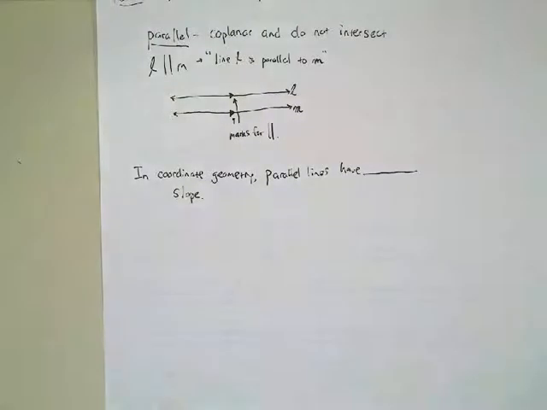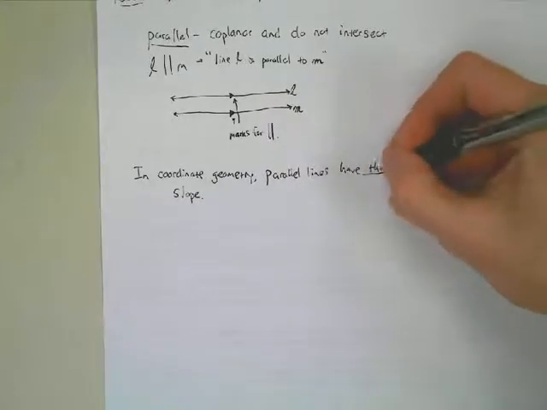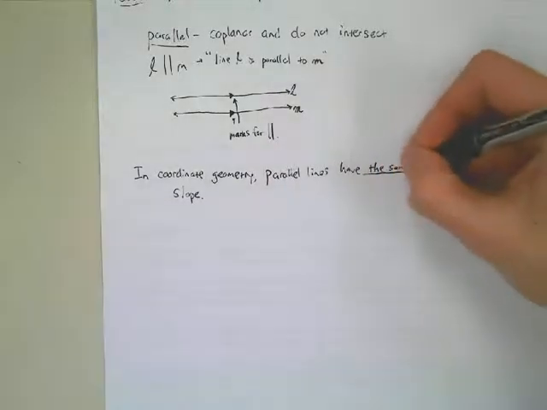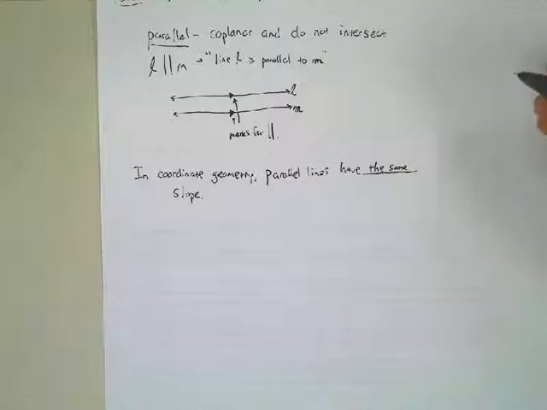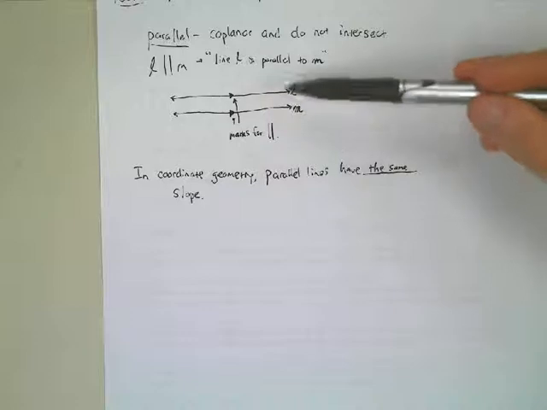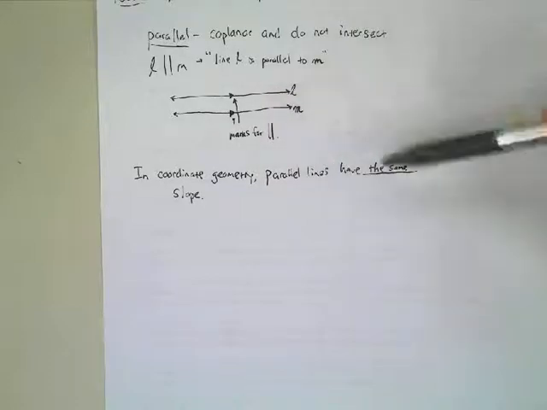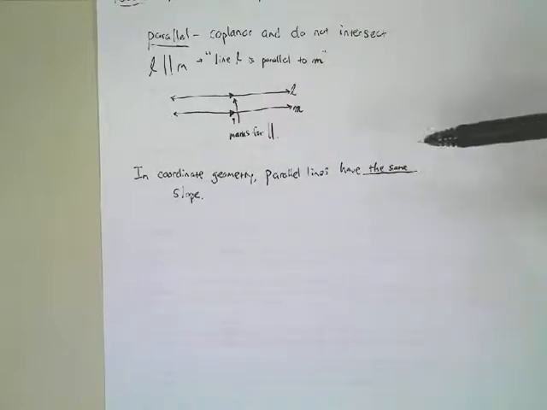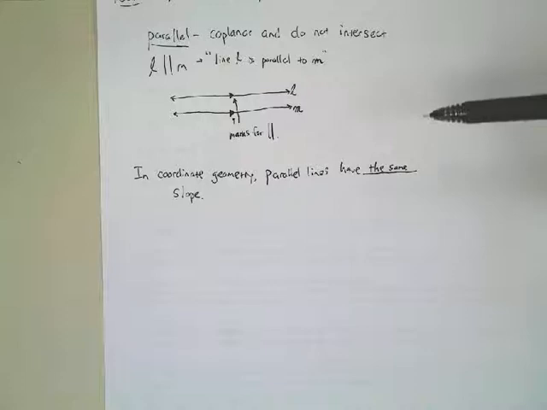And what goes in the blank? The same or equal. And it kind of makes sense, right? Because slope determines the way a line goes. And so if you want both lines to go in the same direction, they need to have the same slope, right? If one line goes up 3, right 5, the other line had better go up 3, right 5, or eventually they will intersect.